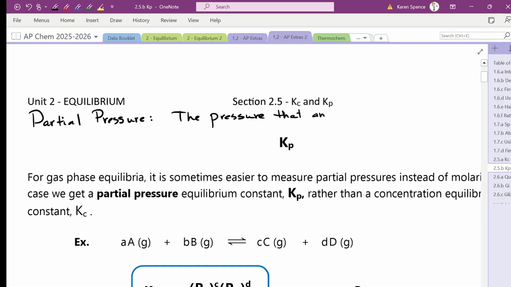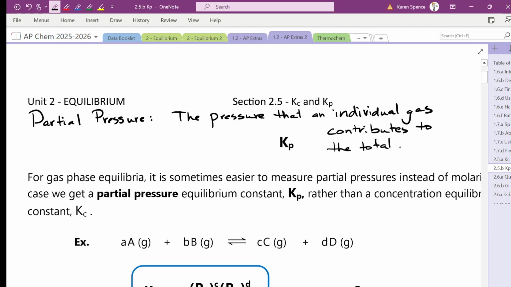Partial pressure. The pressure that an individual gas contributes to the total pressure. Now, if you only have one gas, then the partial pressure is the same as the overall pressure.